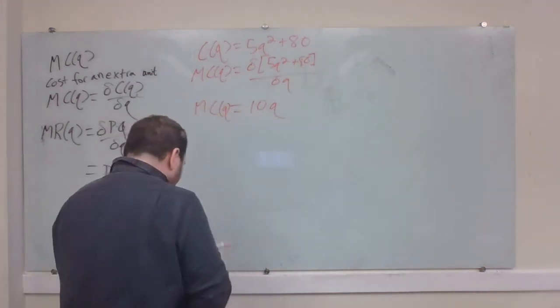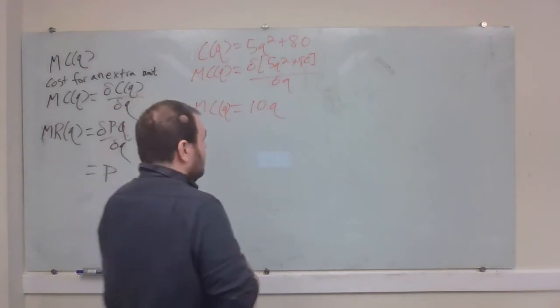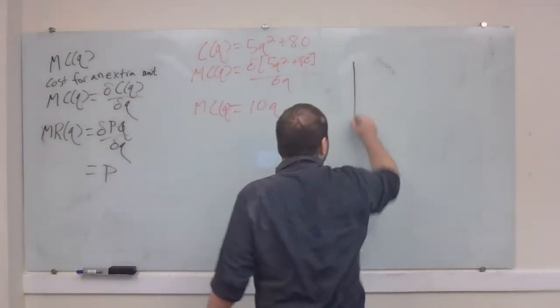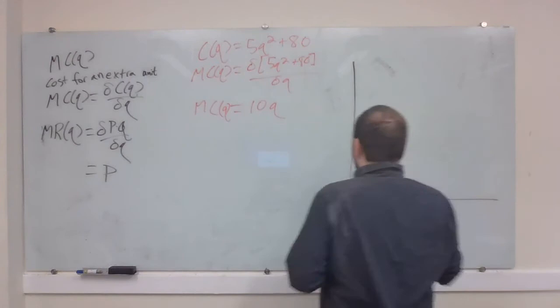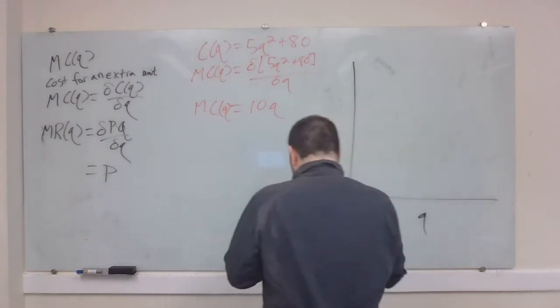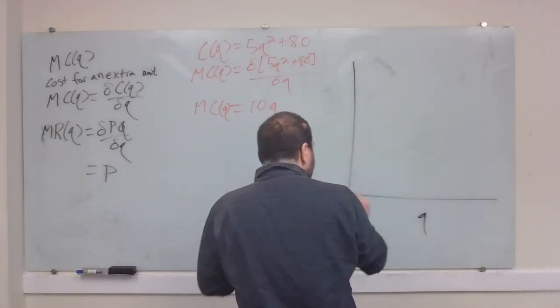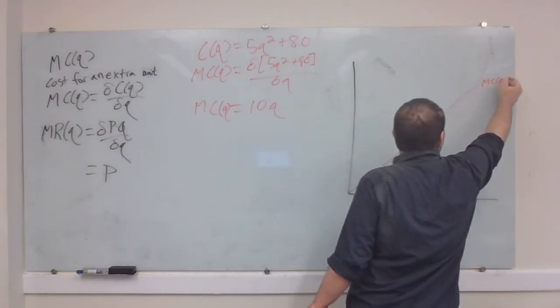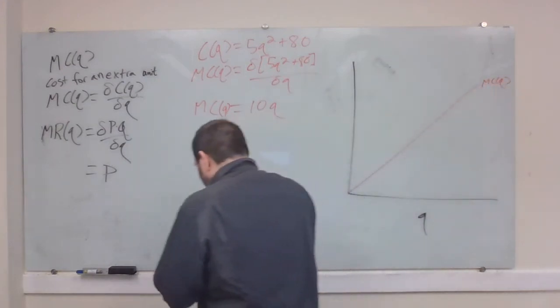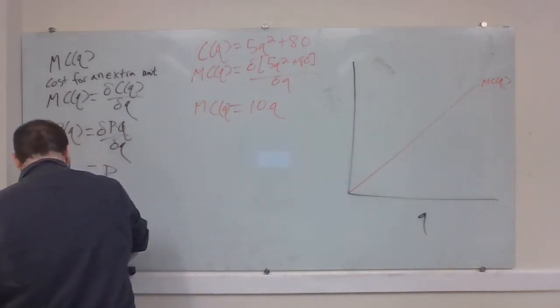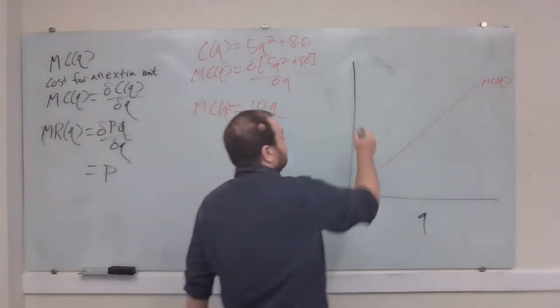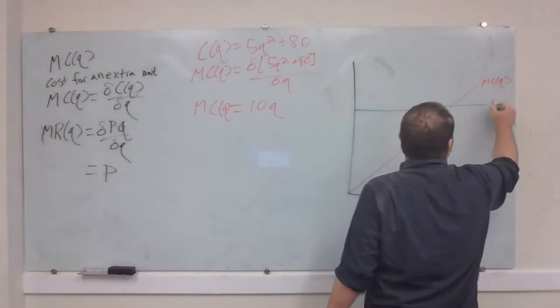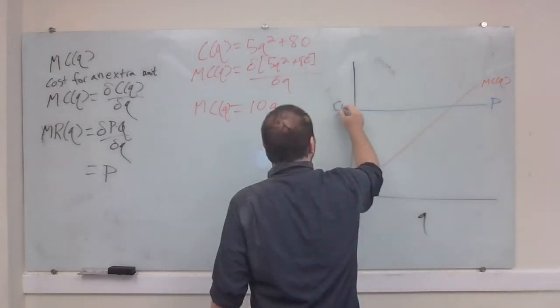So if we think about this graphically, basically what we're saying is, if we've got Q here, we have marginal costs that are increasing. We have a price that's constant at 50.